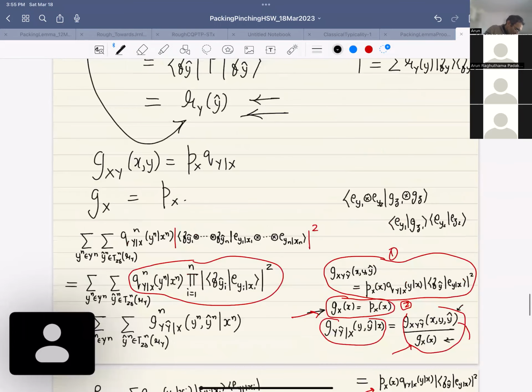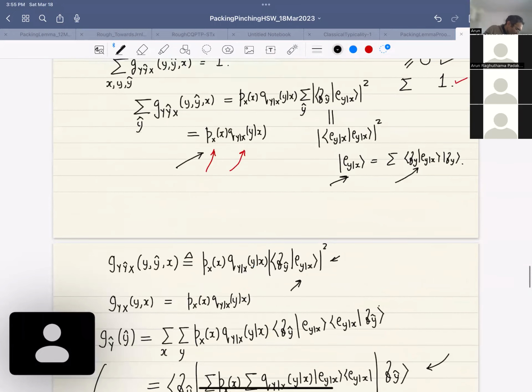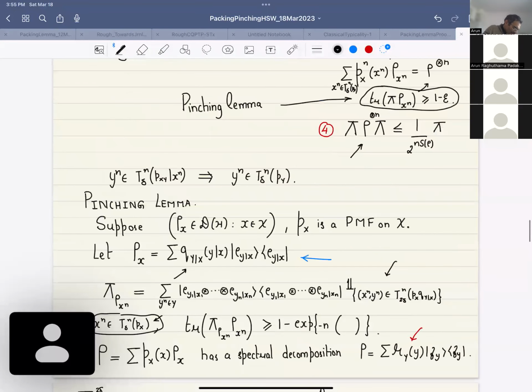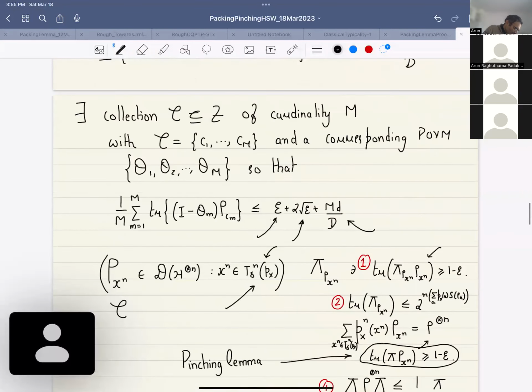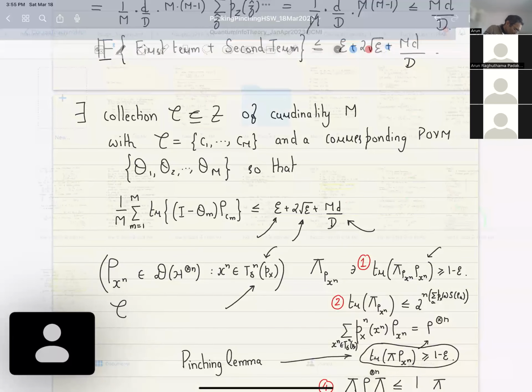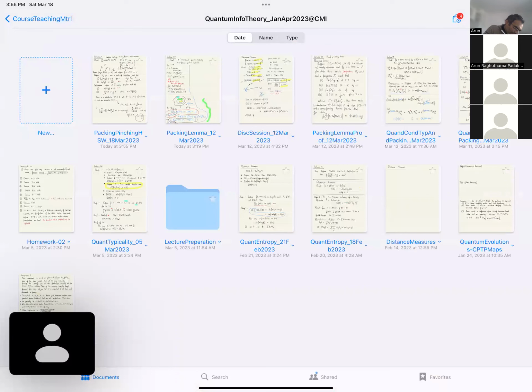Okay, so I will stop here, but in the next class, I will do, so recall in the earlier class, I motivated the packing lemma by talking about three definitions: code, capacity, maximum rate. I think it was March 11th.